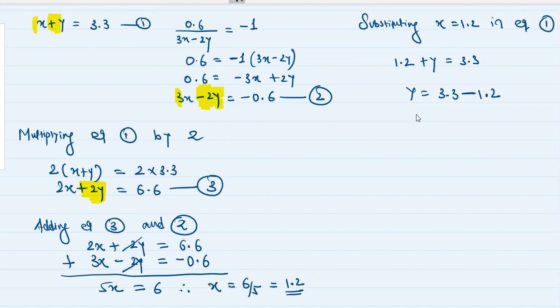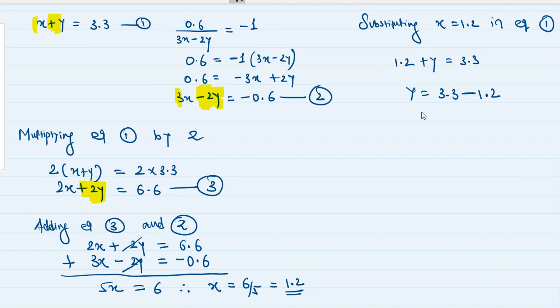So again, let me remind you what I told you about substitution. When you get one of the values of the variables, either x or y, choose that equation for substitution which is the simplest out of all the equations. So I've got equation 1, equation 2, equation 3 over here. Out of all these equations, equation 1 is the simplest.